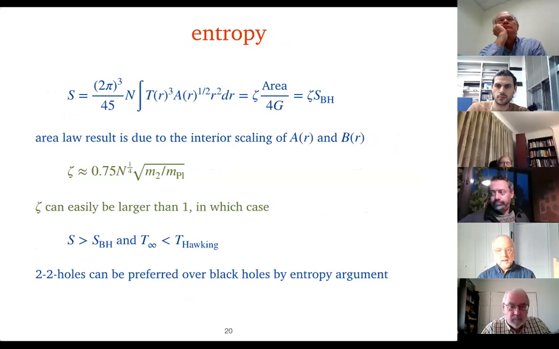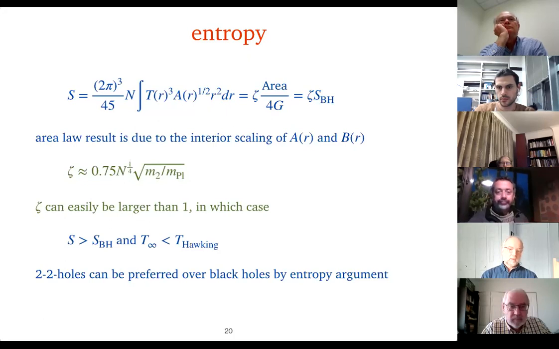So if you keep track of the factors of m or radius that I've been talking about, you can see that this integral goes like, in the end, r squared as an area. And the result is the same as for a black hole, up to this constant zeta. And so again, this area law result is due to that interior scaling of these metric functions.